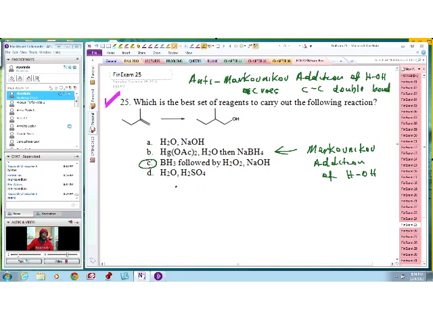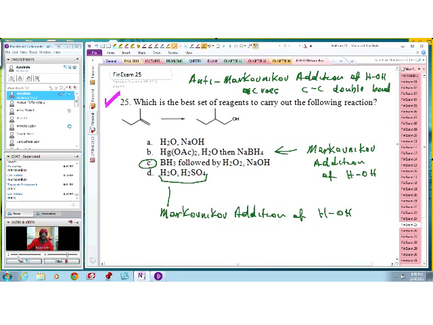Now supposing we use D, what does this reagent do? Would that be a Markovnikov addition or anti-Markovnikov addition of water to a carbon-carbon double bond? It's a Markovnikov, very good. So this will also be a Markovnikov addition of water across the carbon-carbon double bond.